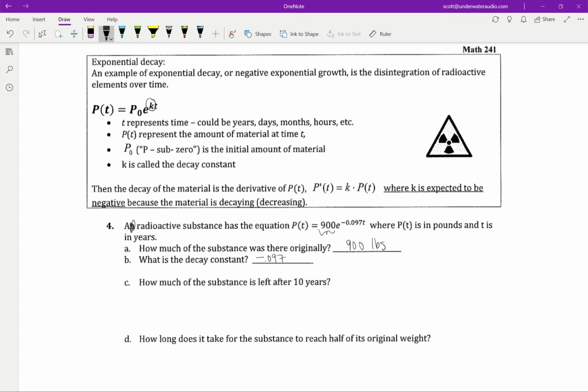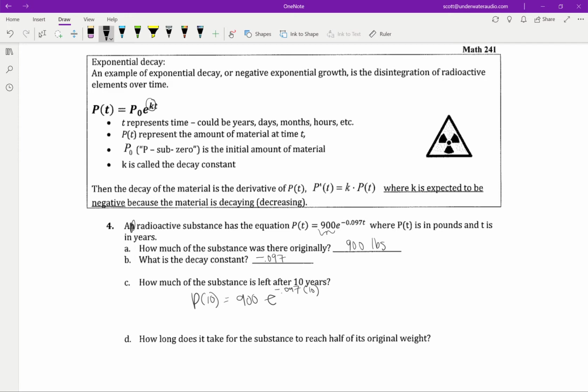How much of the substance is left after 10 years? P of 10 equals 900 e to the negative 0.097 times 10.